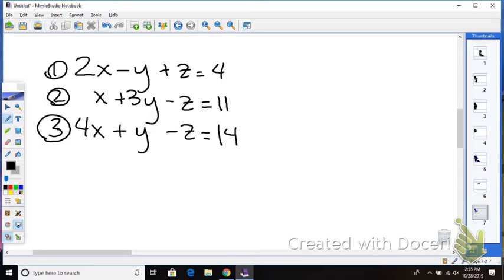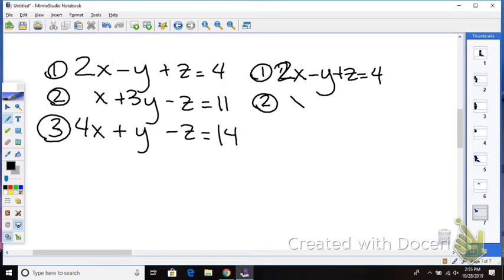So I'm going to start with equation 1 and equation 2, and my whole goal is to eliminate z. Okay? So we're just going to do exactly what we've done before. Every time I show work, every time I use an equation, I write down what equation I'm using. So equation 1 is 2x minus y plus z equals 4.